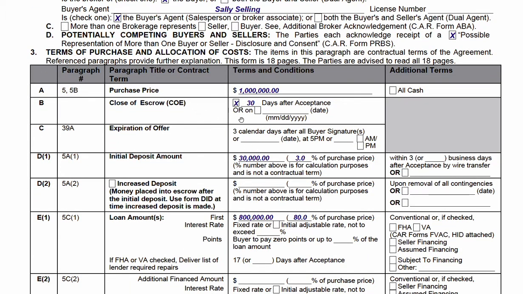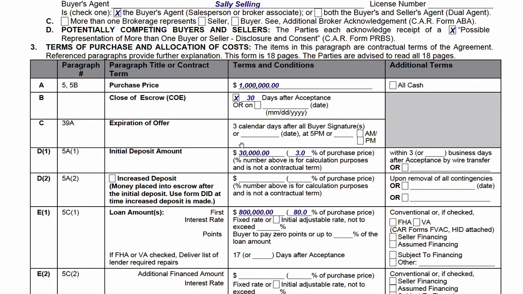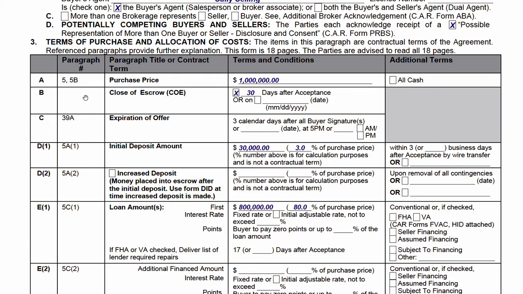Now, the way this form is structured, again, is very similar to how the RPA is done. And what that basically means is that you have this grid up top here.